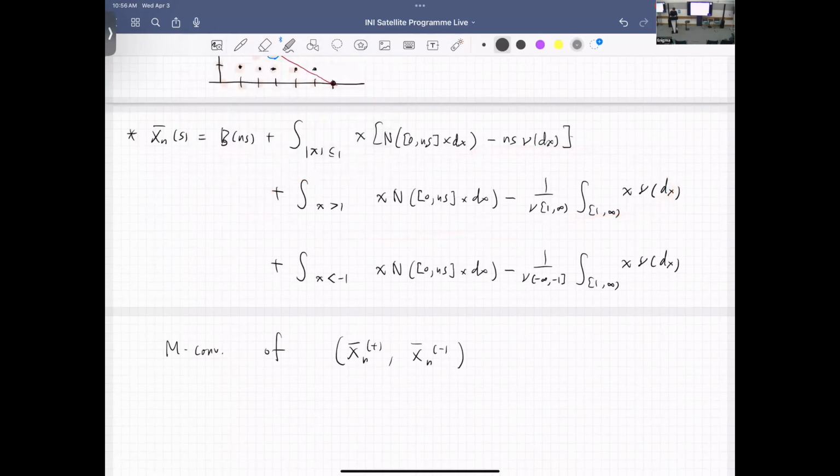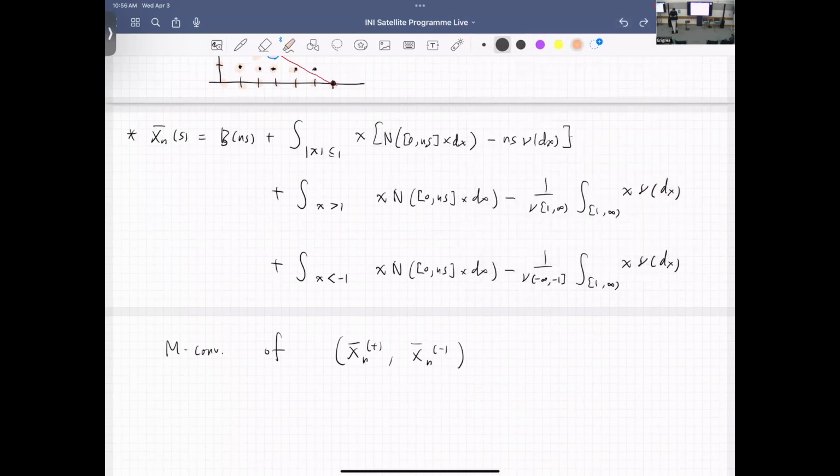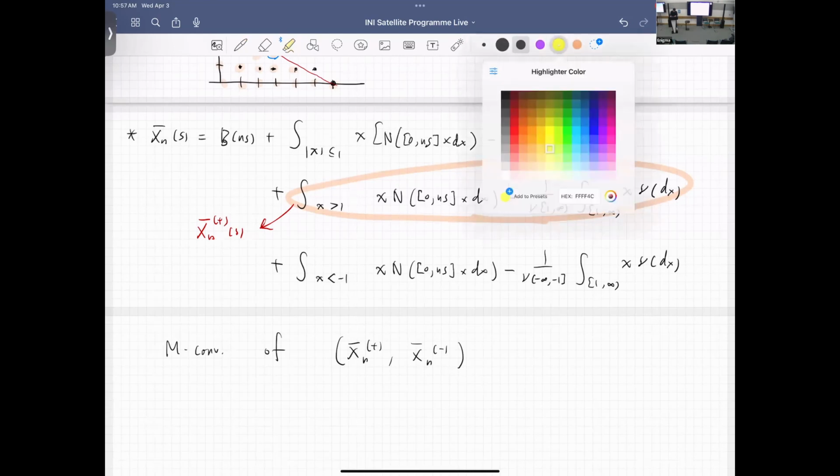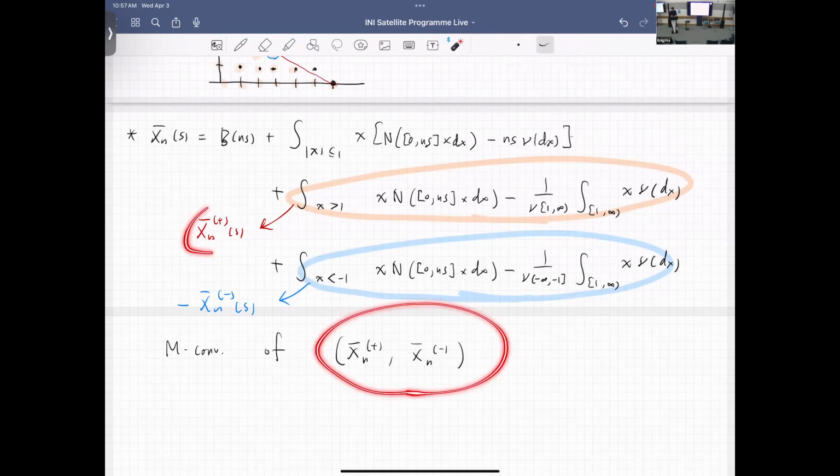So we're going to call this plus and this minus. Then we have M convergence of these two.